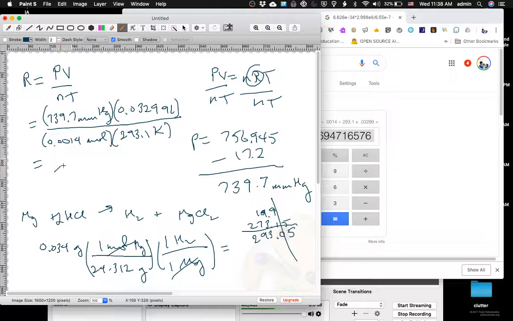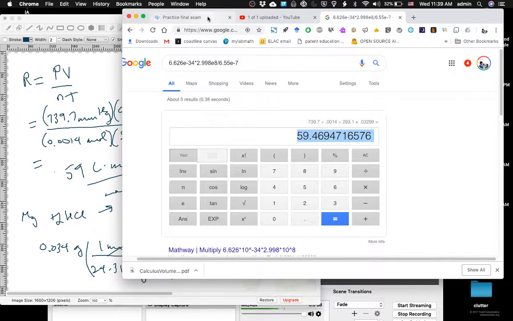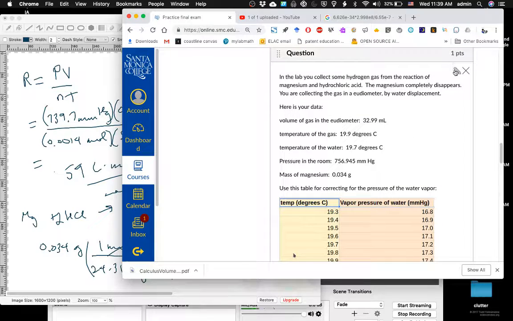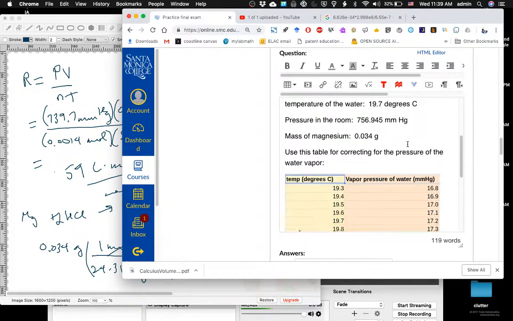The answer is 59. The answer is 59 liters, millimeters of mercury per mole per Kelvin. So we go there, and that's the answer. It's 59. See? It says right there.